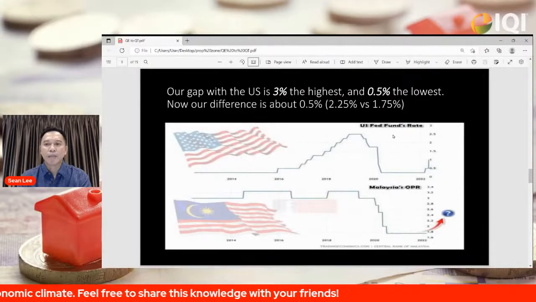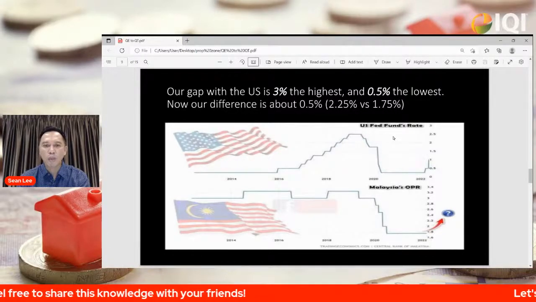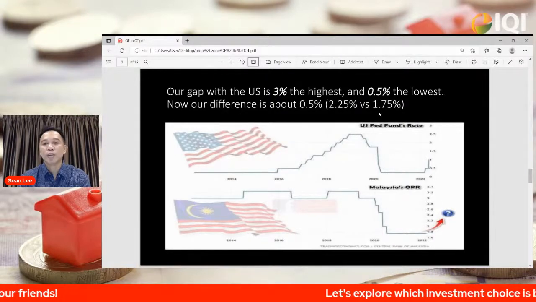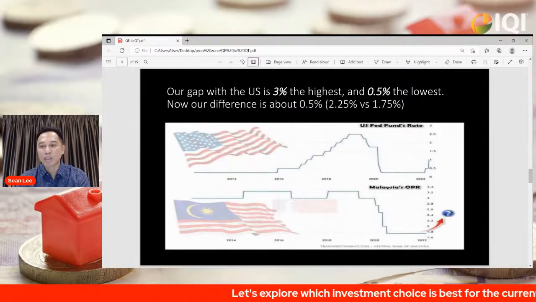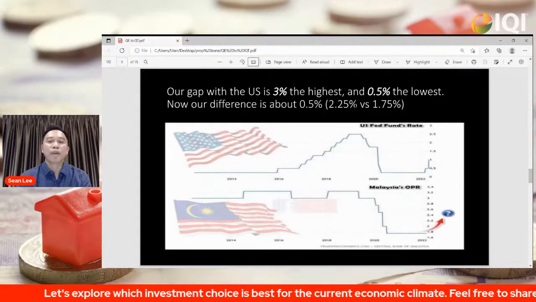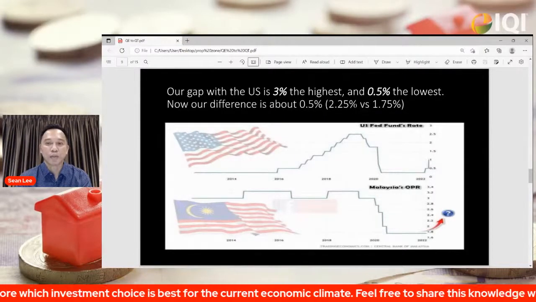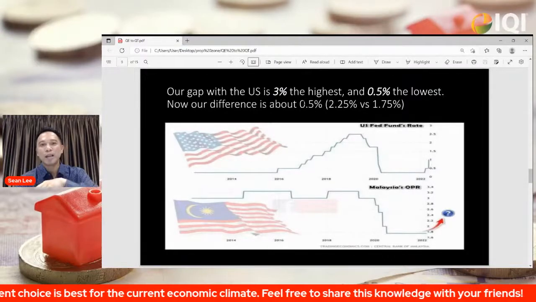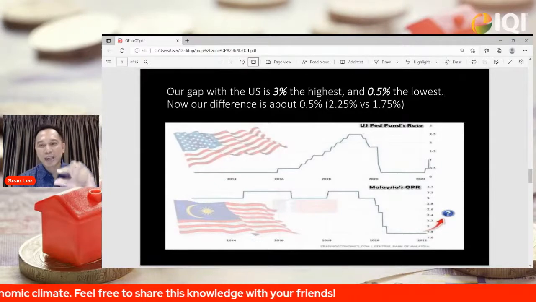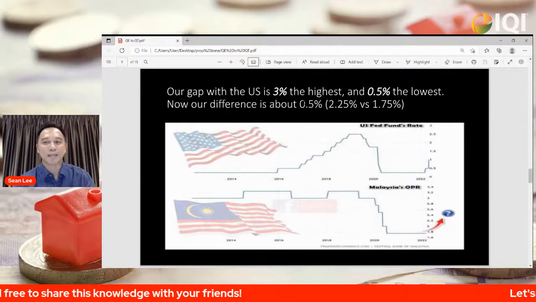But if we're talking about the lowest difference, which is about now, the US Fed fund rate is about 1.75%, whereas Malaysia, after yesterday, has raised the OPR to 2.25%. So the gap between the Malaysia interest rate and the US interest rate is the lowest of all time.